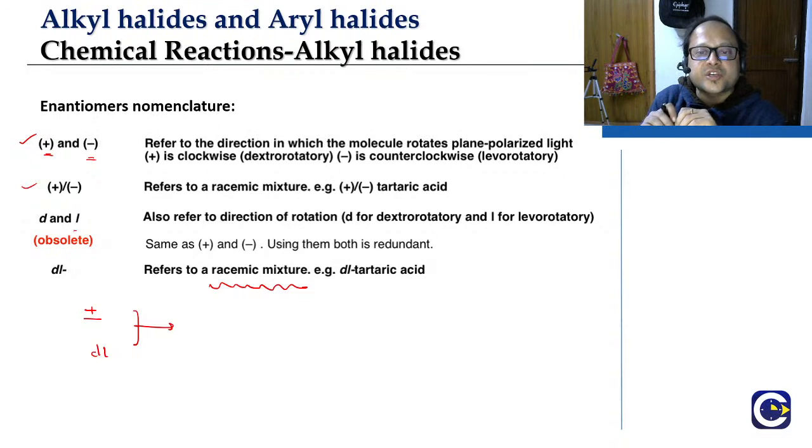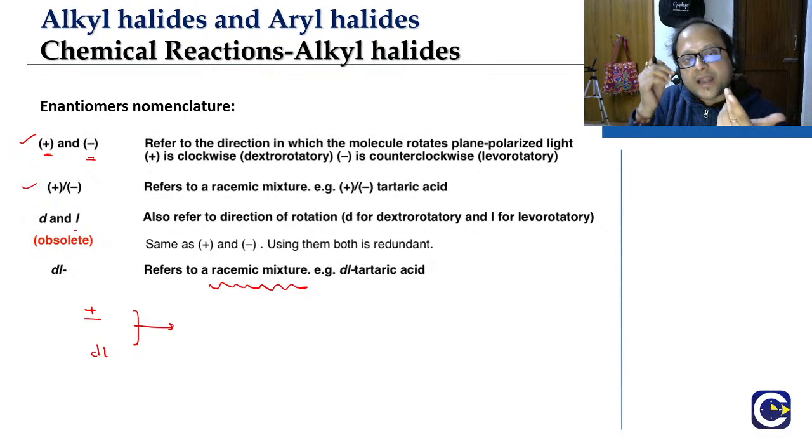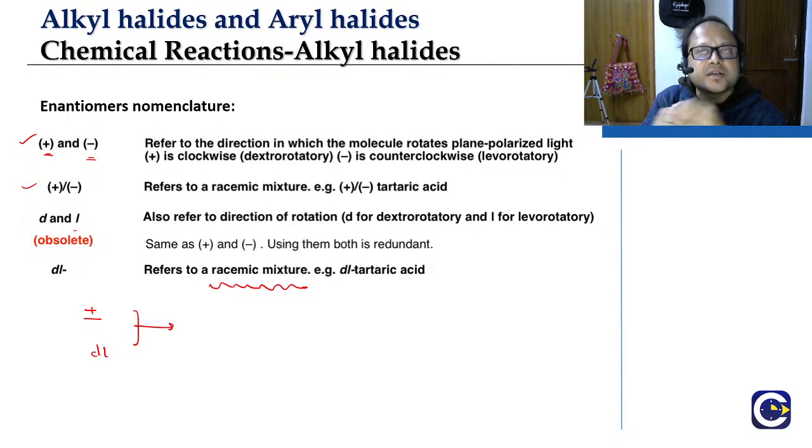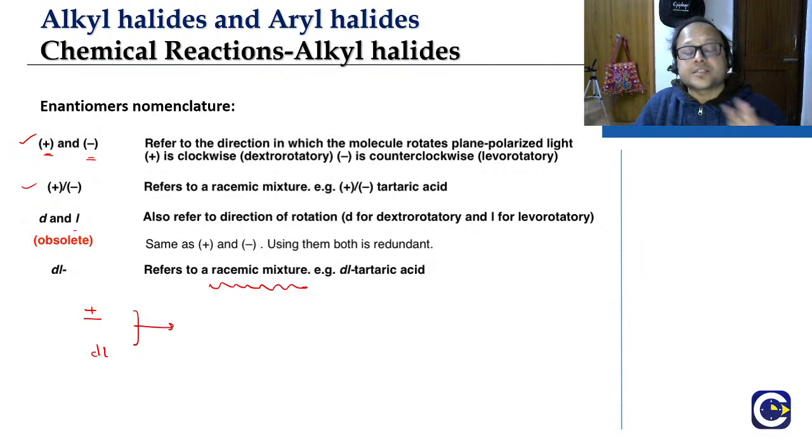So what is a racemic mixture? A racemic mixture is obtained from equal amounts of the dextro isomer and its levo isomer, and they simply cancel out each other's optical activity, and hence the overall mixture is optically inactive. Such a mixture is called a racemic mixture, right?